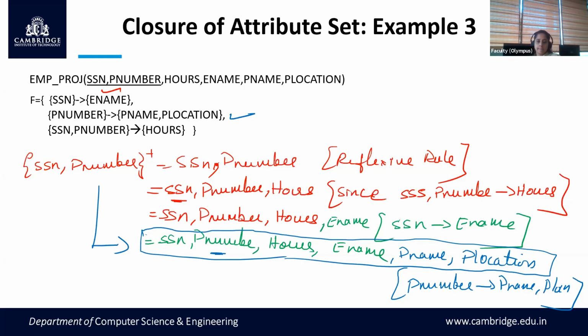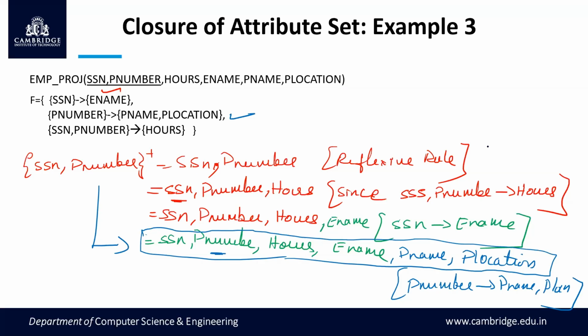Is that clear? Excuse me, ma'am. Yes, Sanjeevani. Ma'am, when we see what SSN is deriving, one SSN also should be there, no, ma'am. The reflexive rule will not get included here? I mean, it will repeat.